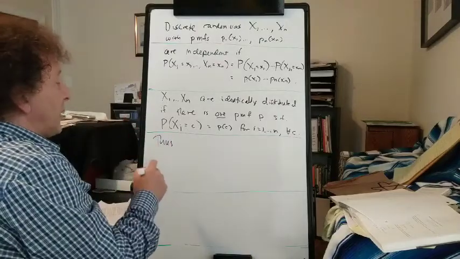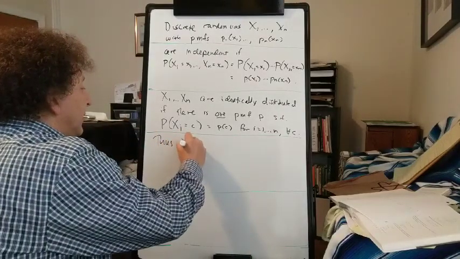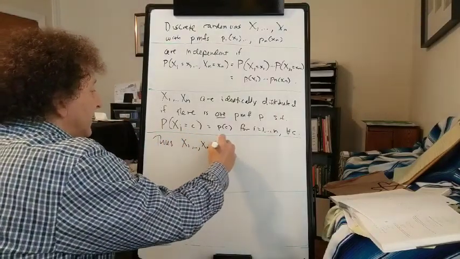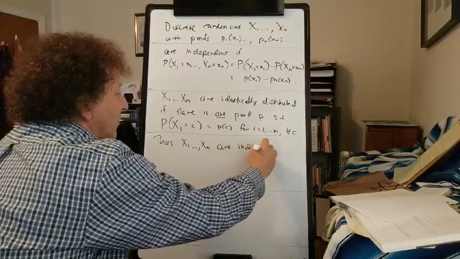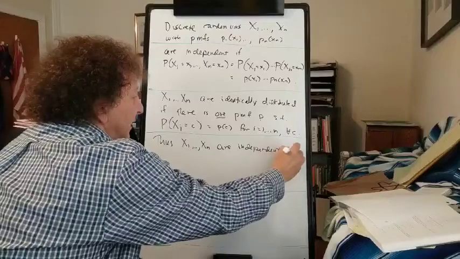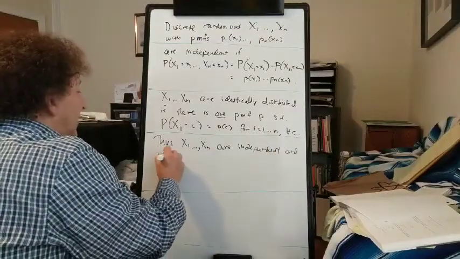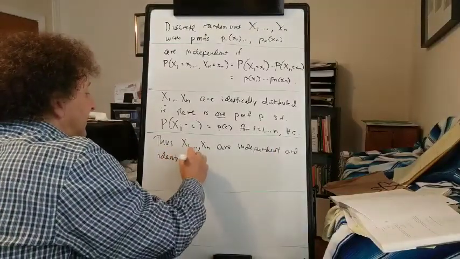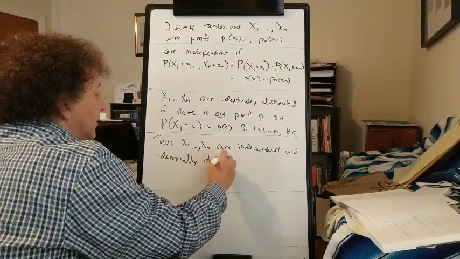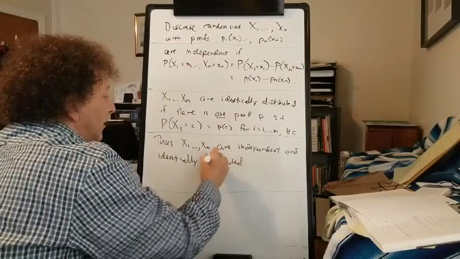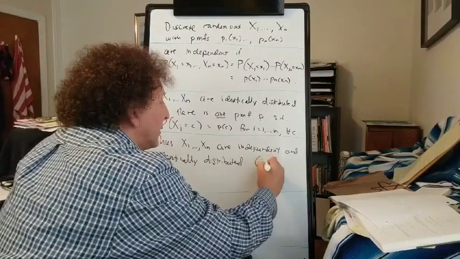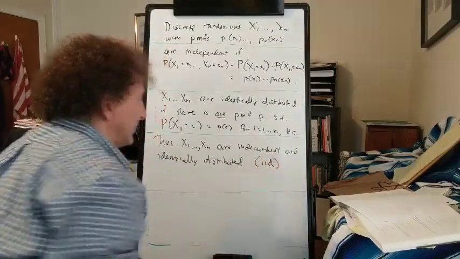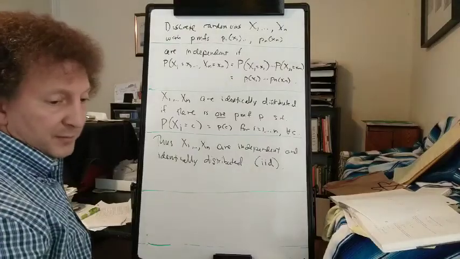So combining these properties, X1 through Xn are independent and identically distributed. Well, this combination of properties comes up often, so sometimes we write IID, independent and identically distributed.